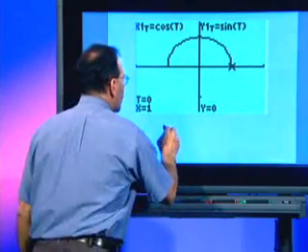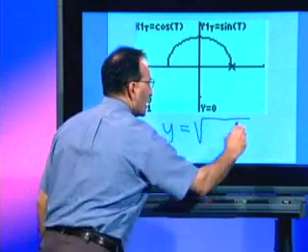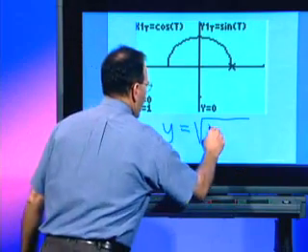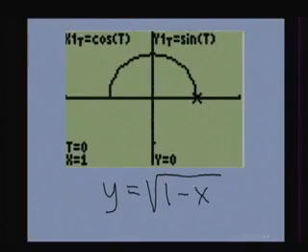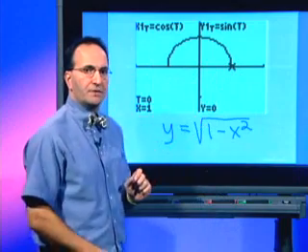So the equation is y equals the square root of 1 minus x squared. And that would be our Cartesian equation. And again, the restrictions are from -1, 0 to 1, 0.